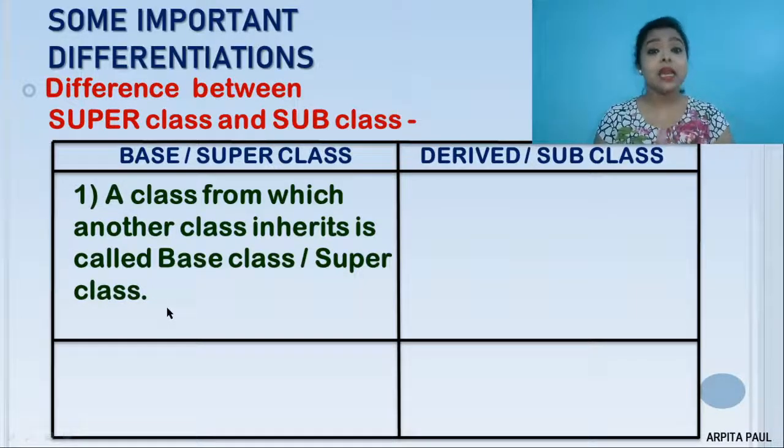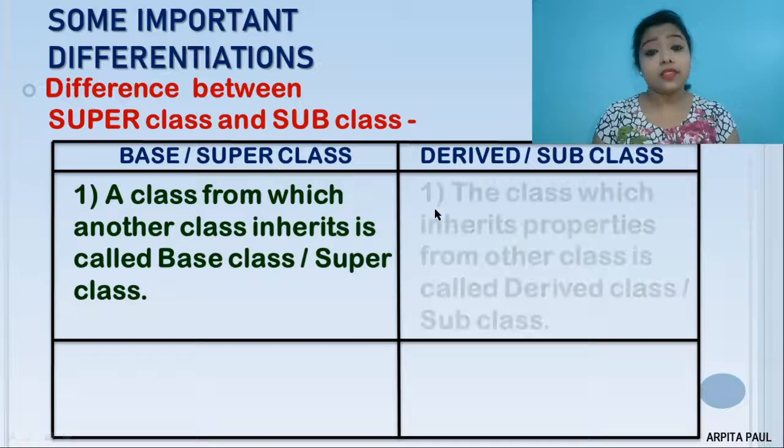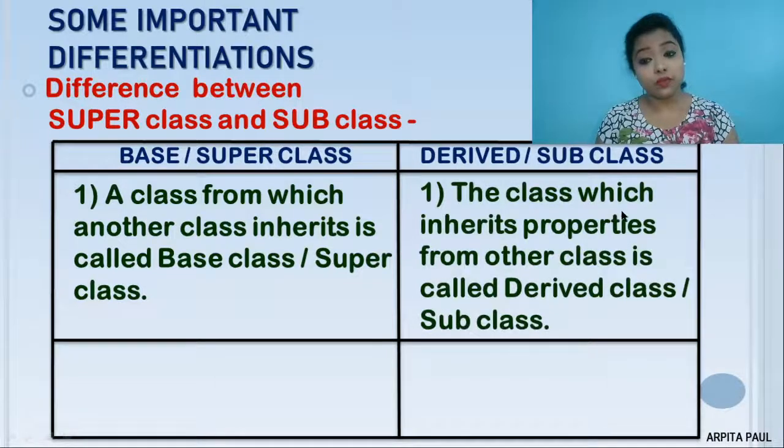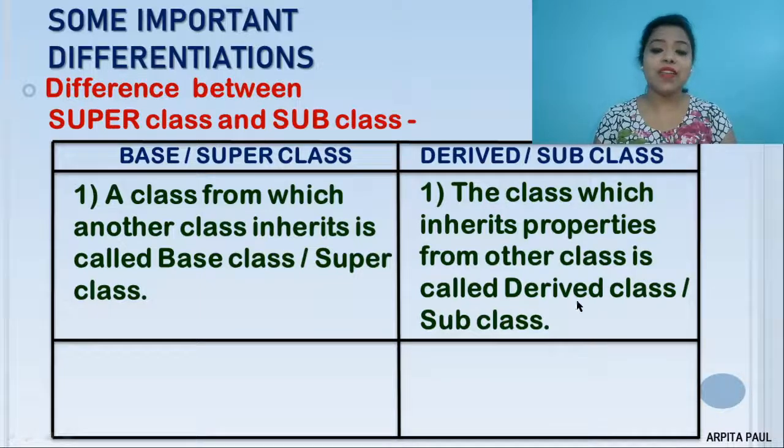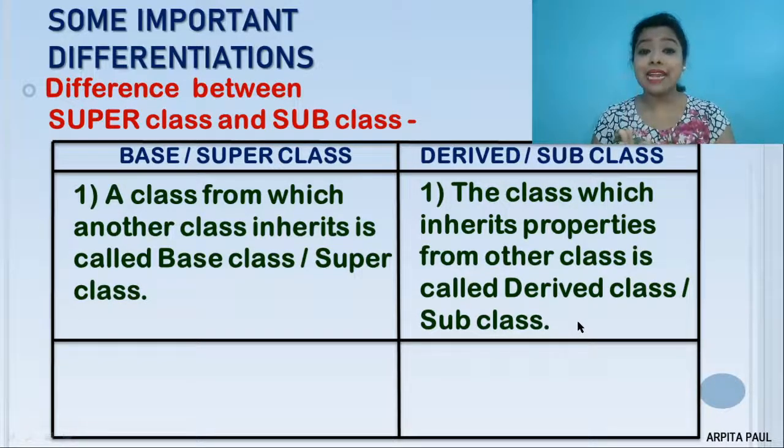So the superclass or base class is the parent class from which properties are inherited by other classes, whereas the derived class or subclass is the one which inherits properties from other classes. Basically the derived class or subclass is the child inheriting the properties of the parent class, the base class or superclass.